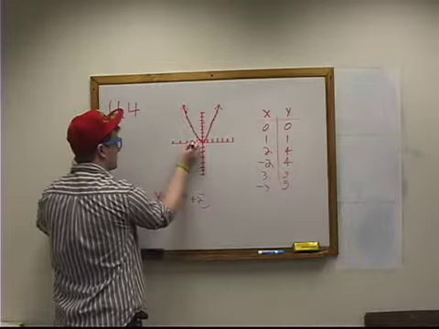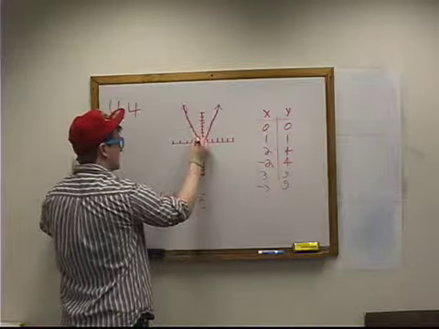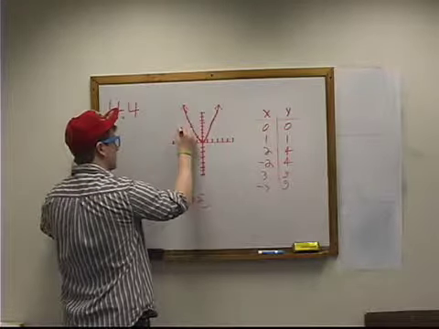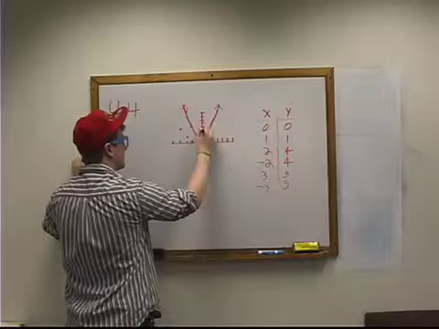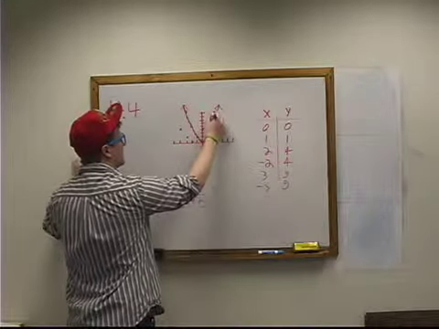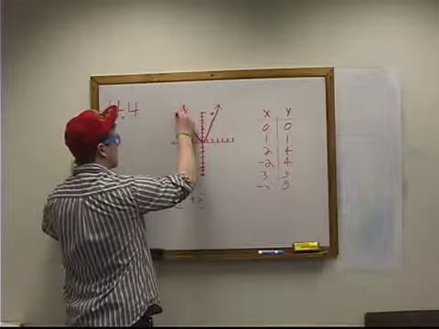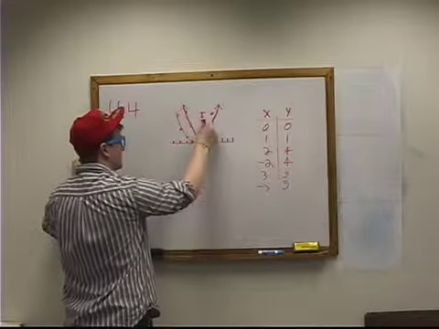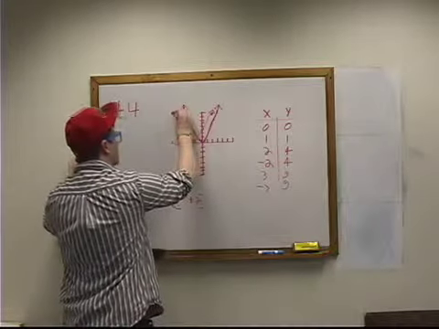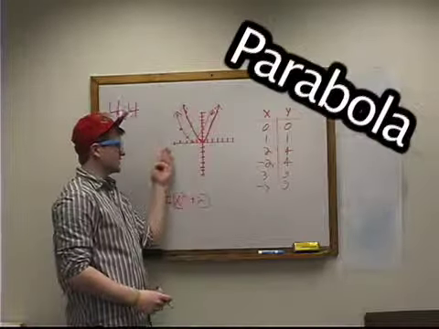So we'll make a point here, and then we'll make a point here, here, here, here, here, here, here. And as you can see, the parabola is moved over to the left too.